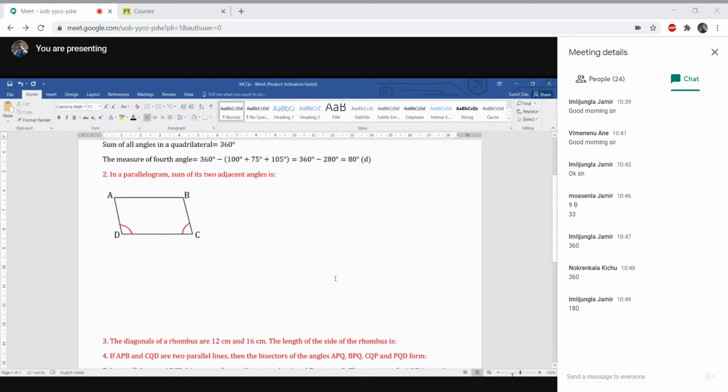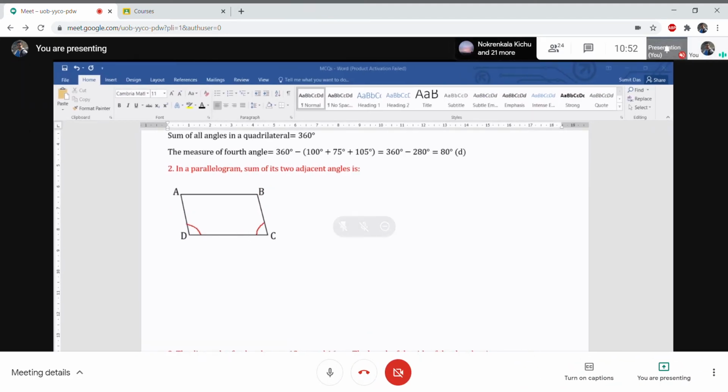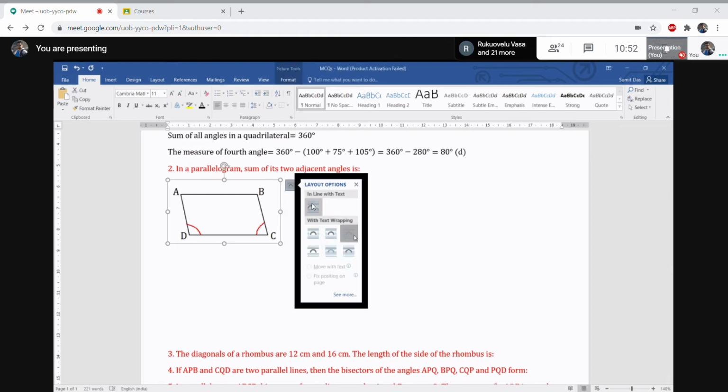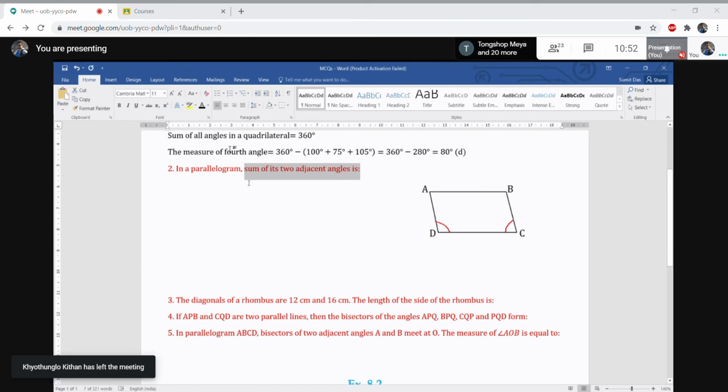Yeah, you can see the red color mark. So these two angles will always be interior angles on the same side of the transversal. Okay, and we know that interior angles on the same side of the transversal sum to 180 degrees. So the answer will be 180 degrees.